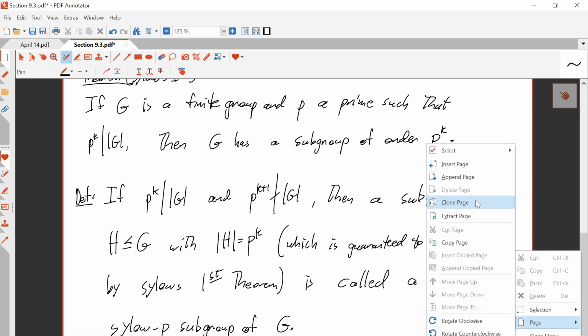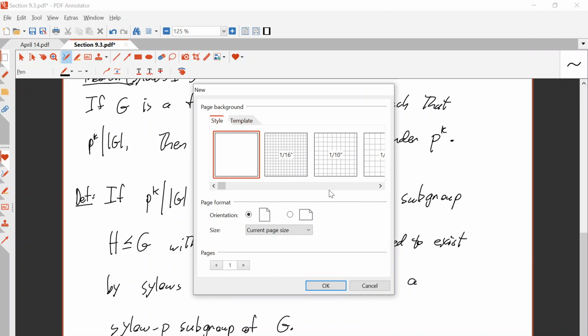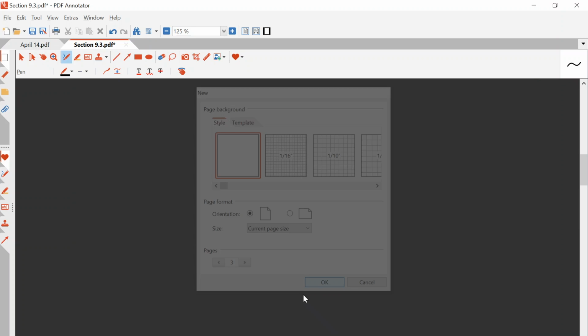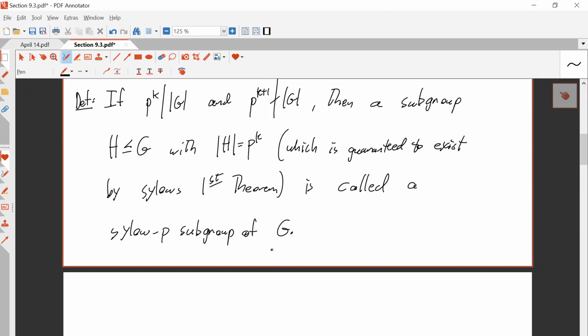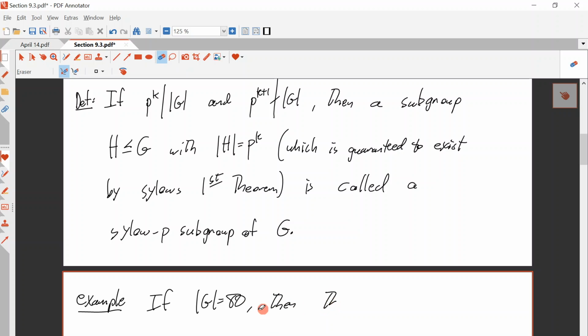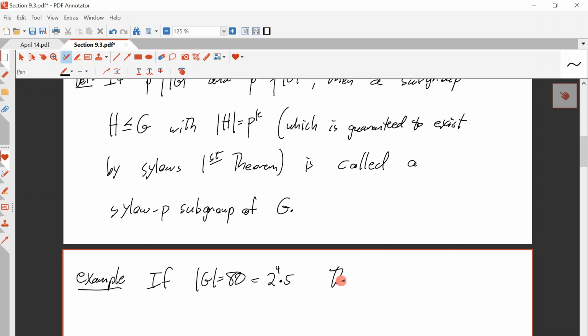So, for example, what I mean is the following. If the order of G is 80, right, and what's the prime decomposition of 80? It's 16 times 5, right? 2 to the 4th times 5.